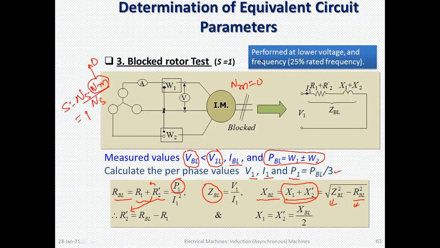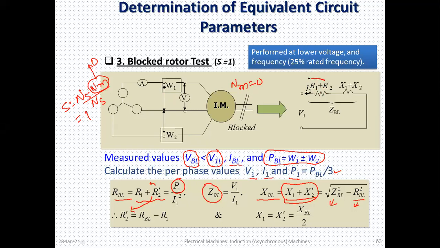One more important part is that the test is performed at a frequency which is 25% of the rated frequency. So this blocked rotor test is performed to find the series parameters, like R1, the resistance of the stator, and R2 dash, the resistance of the rotor referred to the stator side.